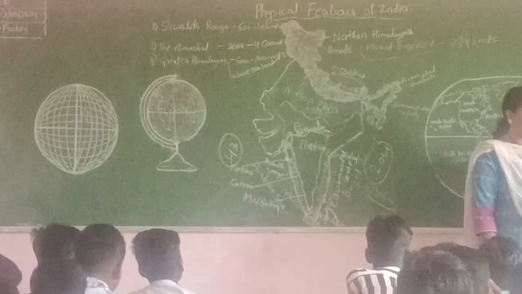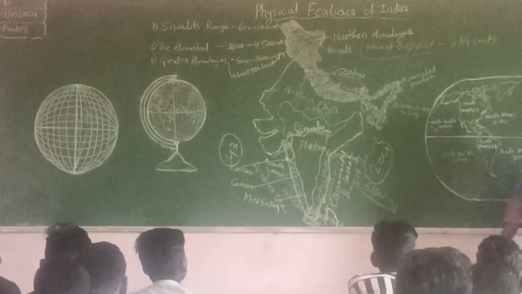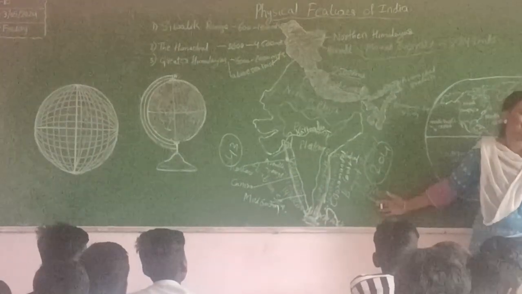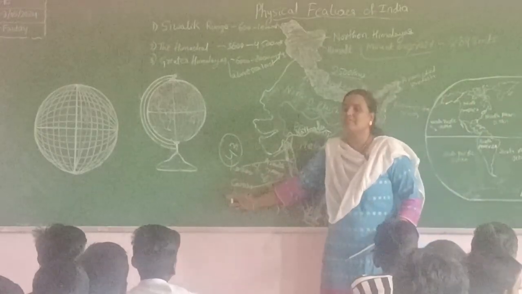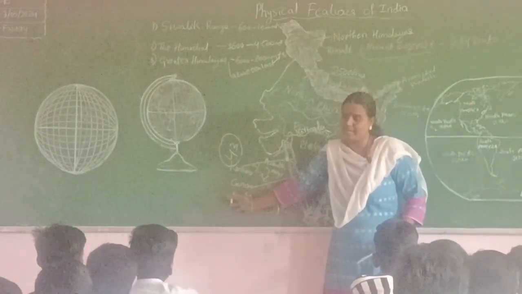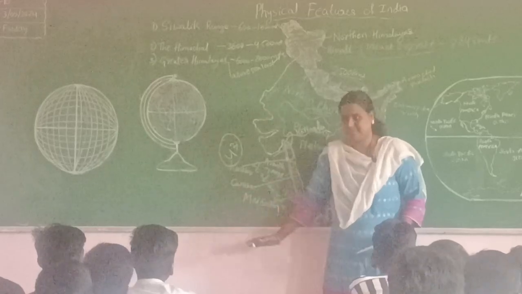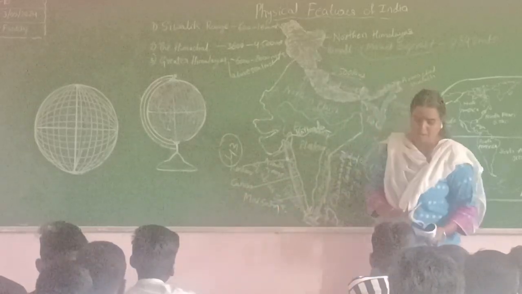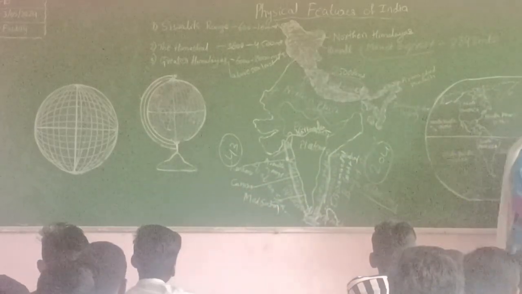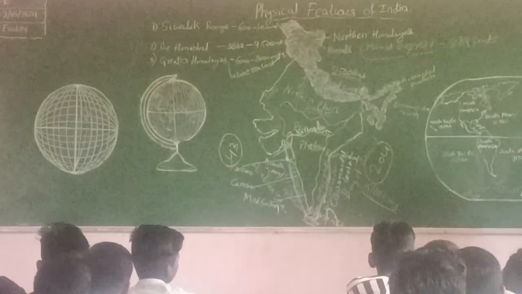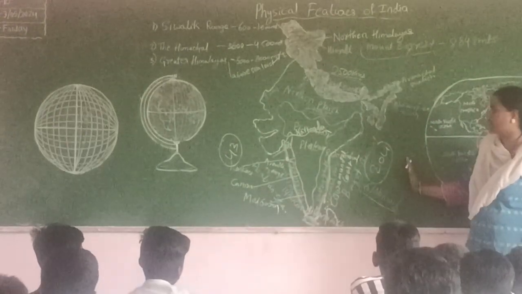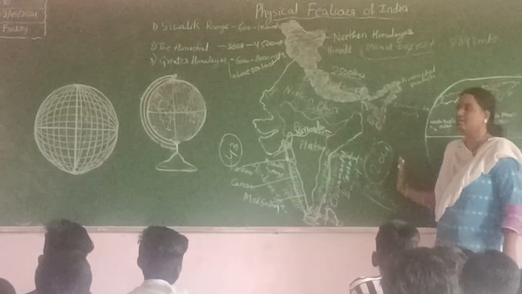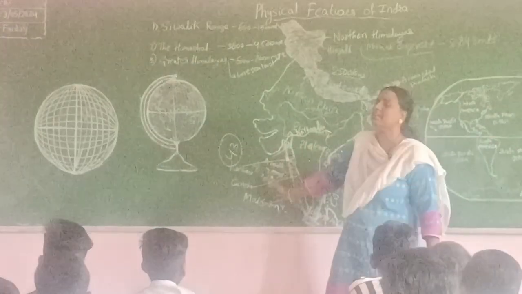The especially important ones are the Andaman and Nicobar in the east part of the country, and Lakshadweep in the west part of the country, located in the Arabian Sea.